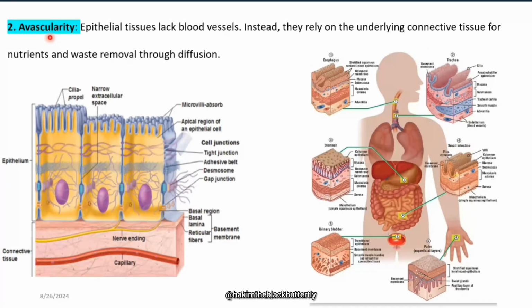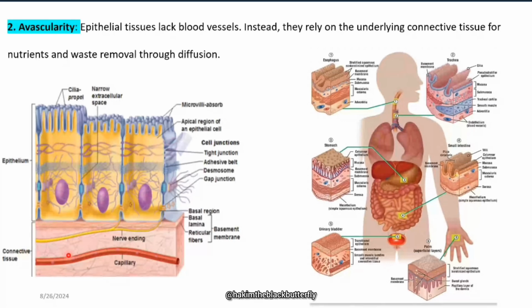For example, this is the epithelium here. Below it, we have the connective tissue. Within the epithelium or the epithelial tissue, there are no blood vessels. There are no blood vessels. That's what it means. But of course, we know that cells have to thrive through the nutrients from the blood capillaries. So basically, these cells will thrive through nutrients that will come from the capillaries within the connective tissues.